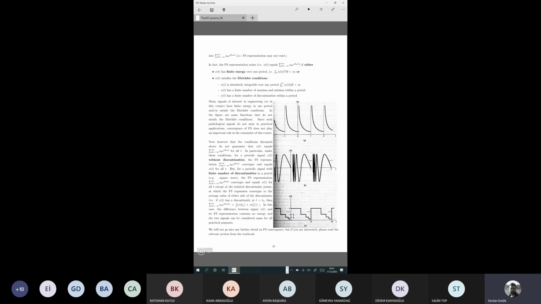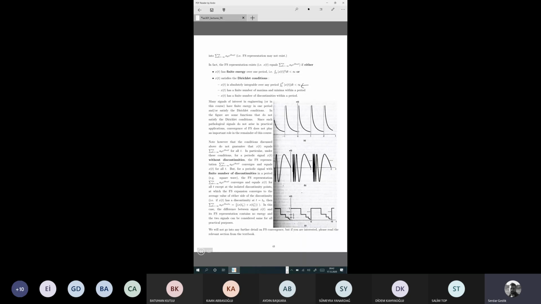First one is that x of t should be finite energy, so it must be absolutely integrable over a period. So this is my first rule. The second rule tells you that x of t has a finite number of maxima and minima within a period. And finally, x of t has a finite number of discontinuities within a period.